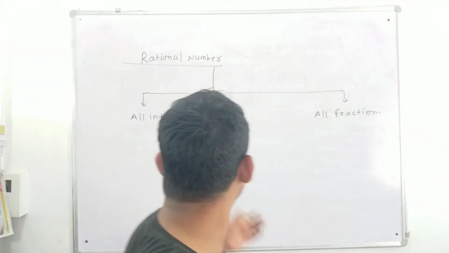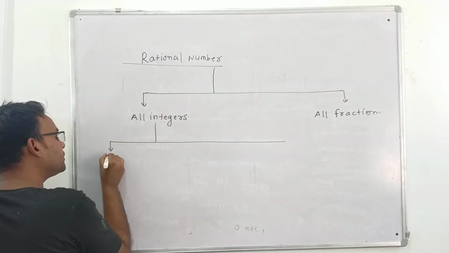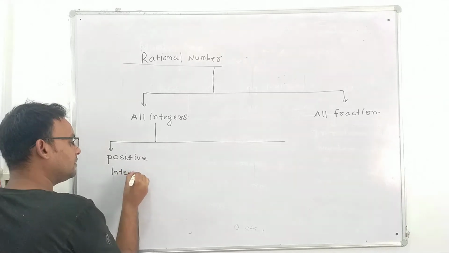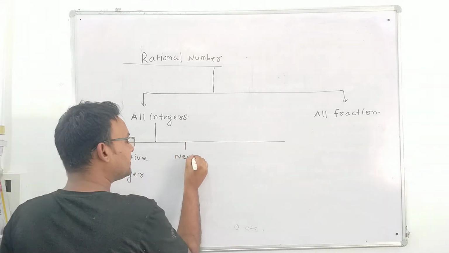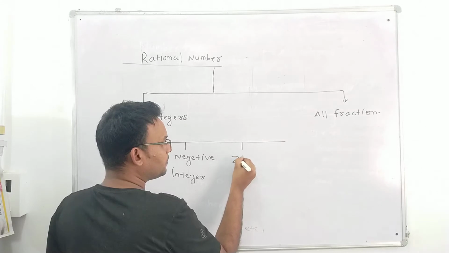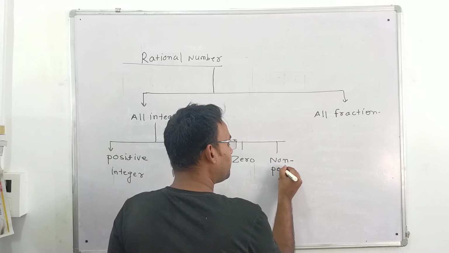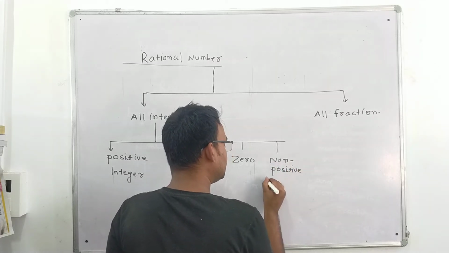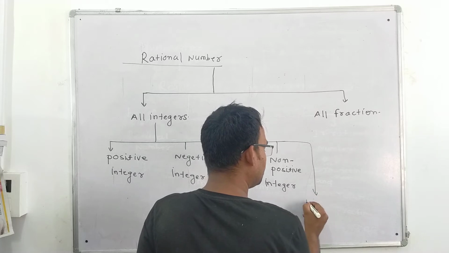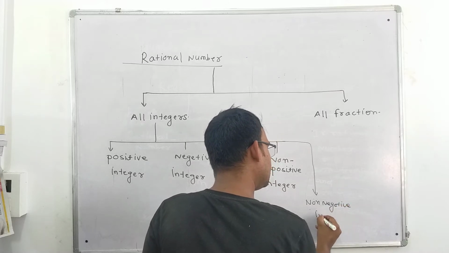Okay, now next is all integers. All integers include positive integers, negative integers, zero, non-positive integers, and non-negative integers.